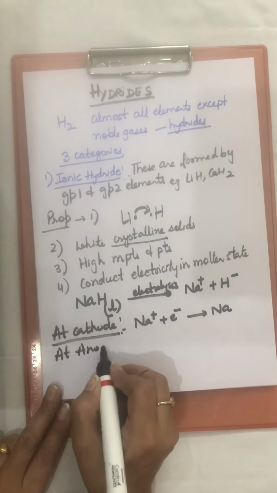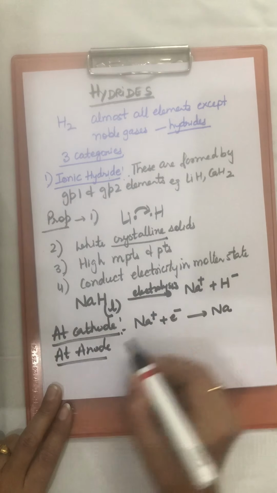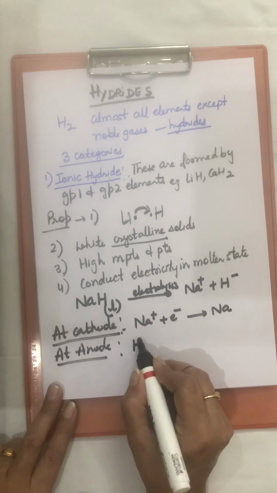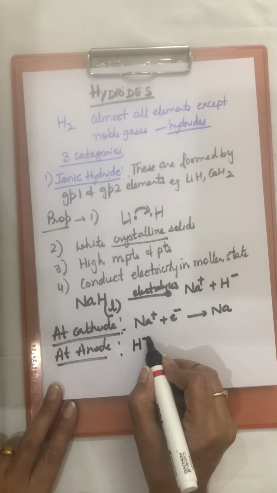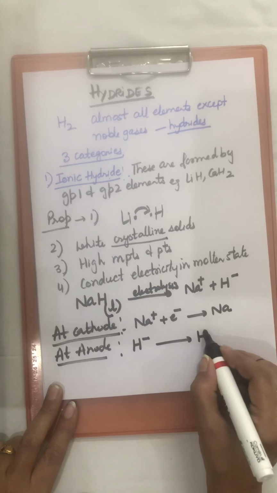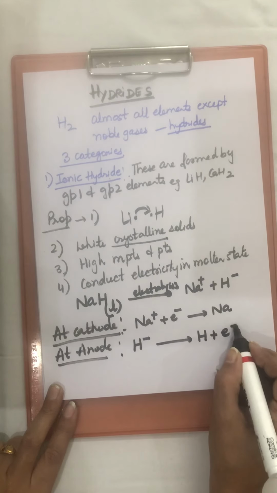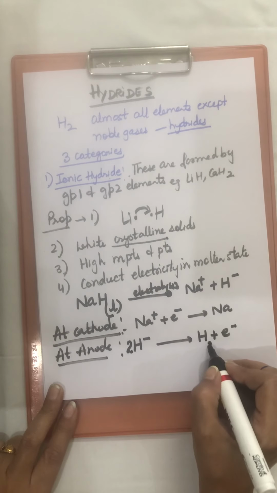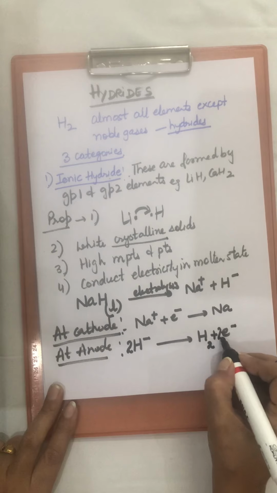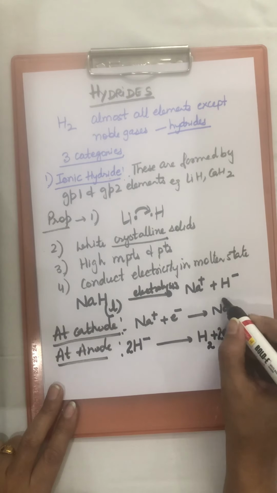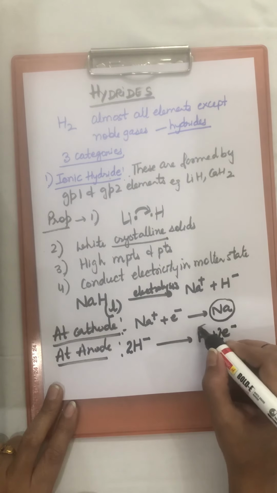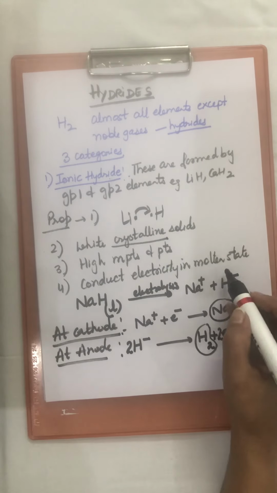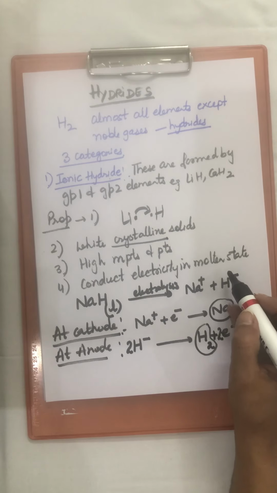While at anode, which is positively charged, it pulls negative ions to its side, and the hydride ion changes to H by loss of electron. When two hydride ions are here, this forms H2 with loss of 2 electrons. So at cathode there is sodium and at anode there is hydrogen evolution. That is, they are conducting electricity in the molten form.